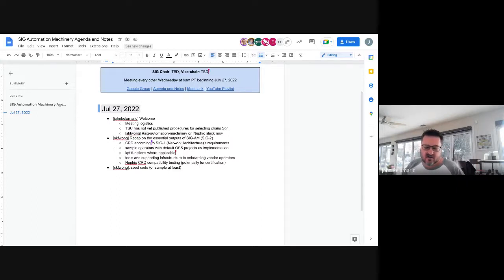That can extend both to controllers living in the Nephew cluster, the central automation cluster, as well as to controllers or operators living at the edge cluster or whatever it may be. There'll be an interplay between those to some extent, not at runtime, but there's some handshake through the configuration itself. So that's a lot for this SIG, actually.